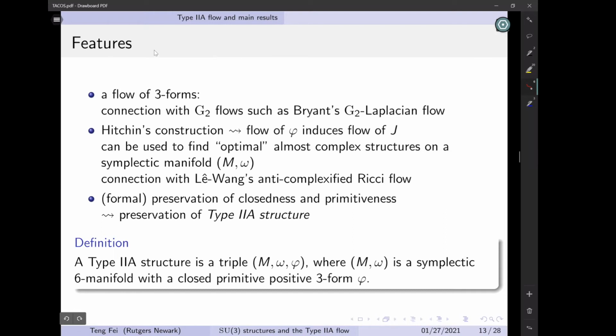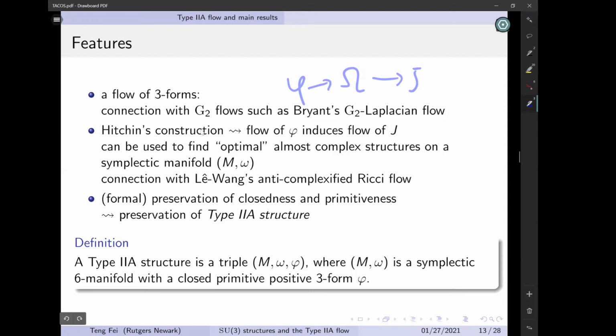The second thing is that the Hitchin construction actually tells us the flow of the 3-form phi induces a flow of J, because this phi determines the full complex volume form capital omega, and capital omega determines J. So from phi, you get capital omega, and then you get J. So this actually induces a flow of almost complex structures J that should always be compatible with our symplectic form.